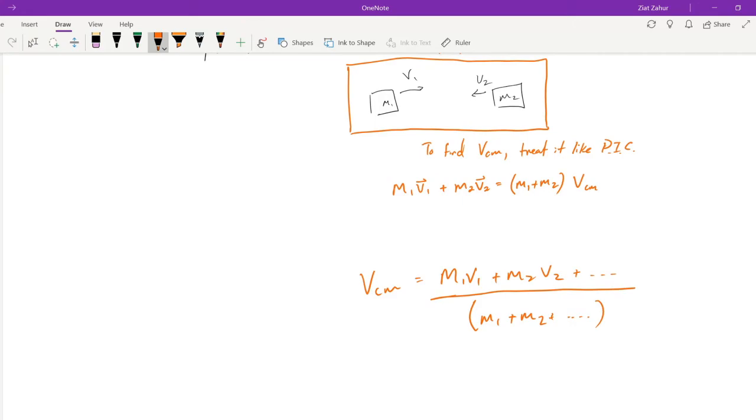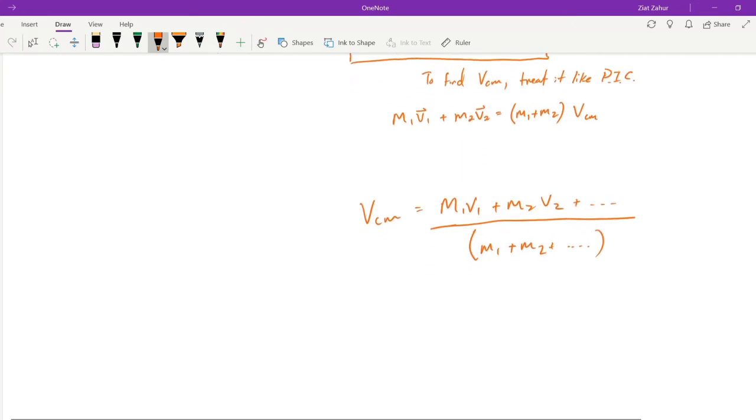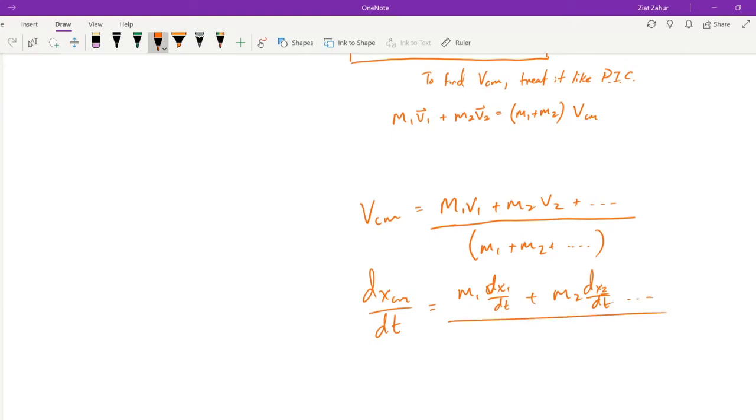Correct? Now one could say that the velocity is just distance over time, right? So we have M1 dx1, M2 dx2 over total.